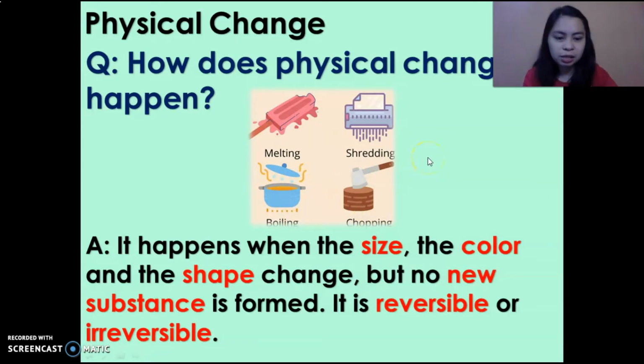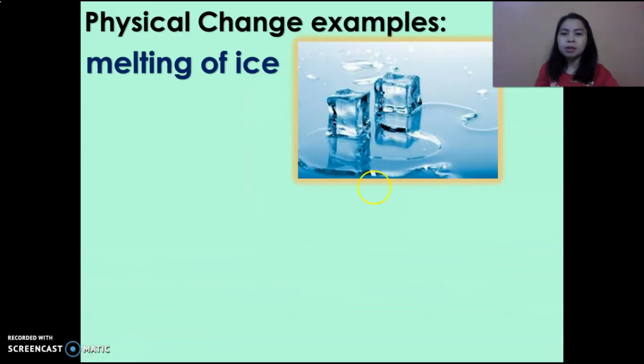Next, I'm going to give you an example. The first example is melting of ice. Can you say it with me? Melting of ice. Good job. So here, first, let's go back to states of matter. What state of matter is ice?